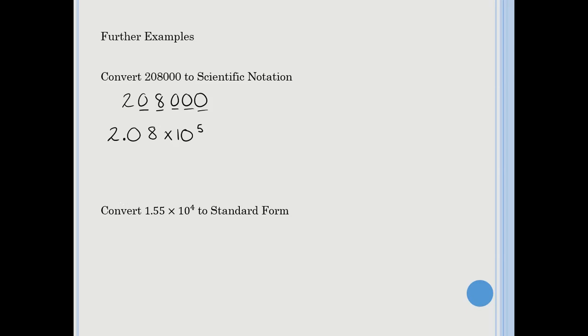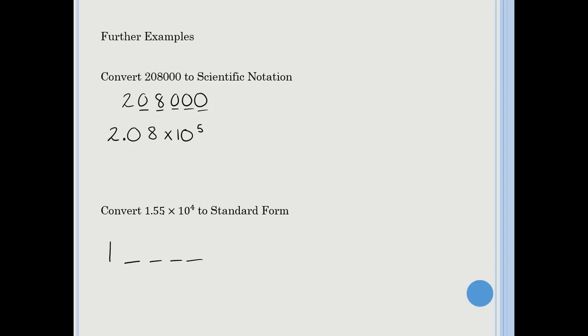To convert back the way, how would you work it out in your jotter? Well, we've got 1.55 times 10 to the power of 4, and we want to put it into what we call standard form numbers. So again, the first thing I'm going to write out is the 1. It's on the left of the decimal, so I'm going to write the 1 first. This time I'm going to look at the power. It's to the power of 4, 10 to the 4, so I'm going to have 4 gaps.